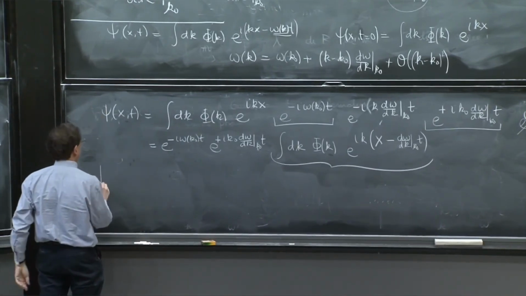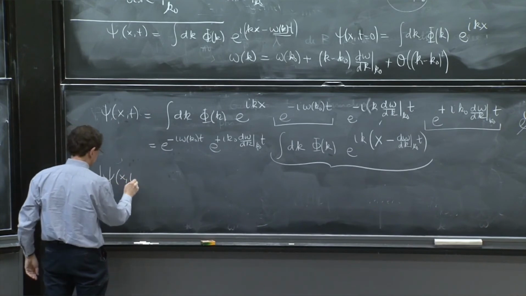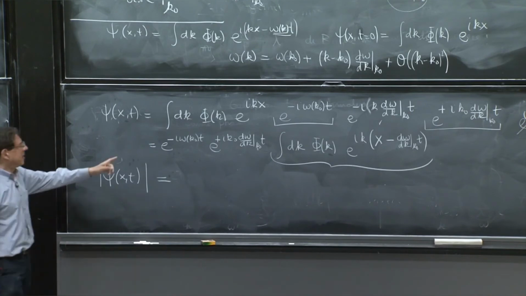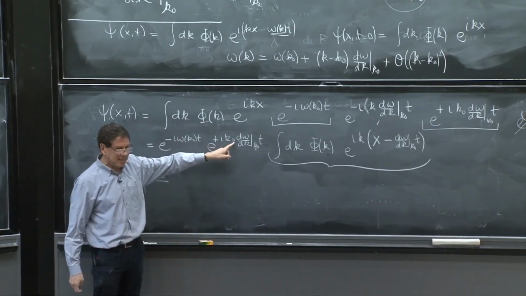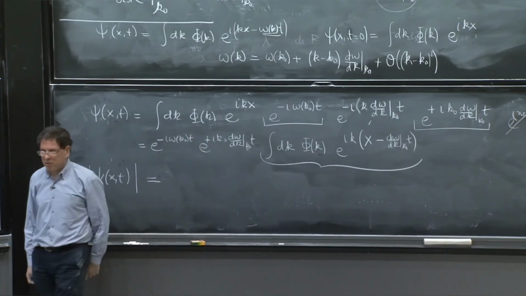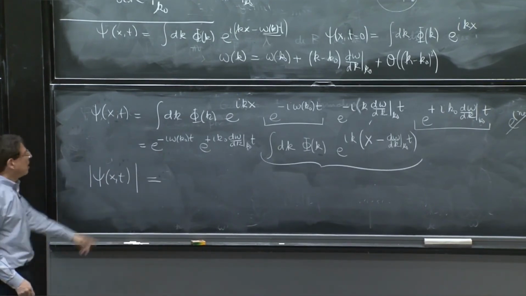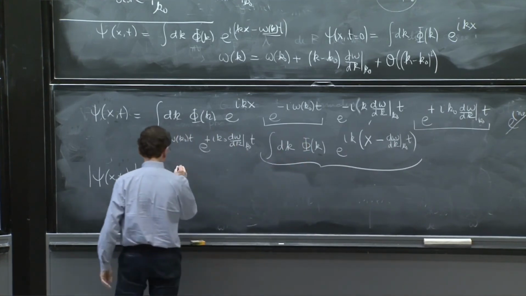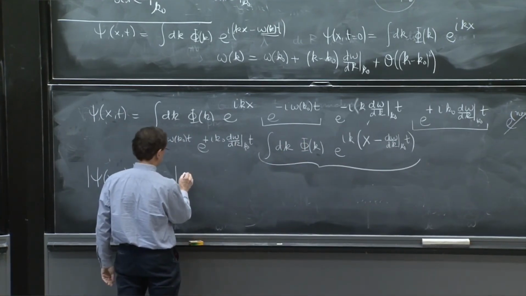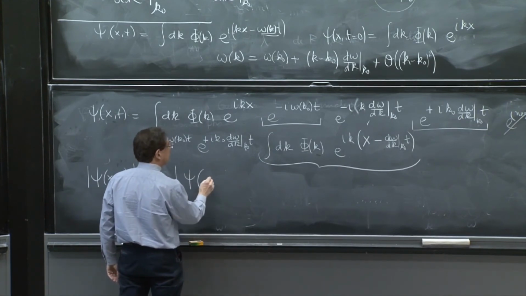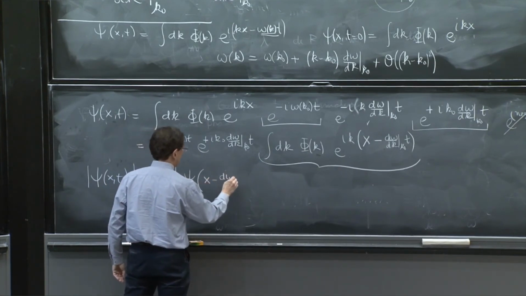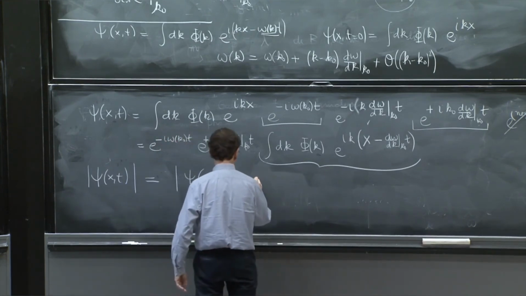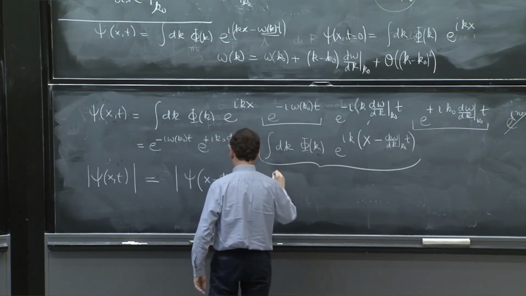So take the absolute value, psi of x and t, absolute value. And now you say, that's why this is a pure phase. The absolute value of a pure phase is one. So it's just the absolute value of this quantity, which is the absolute value of psi at (x minus d omega dk at k naught times t), comma, 0.